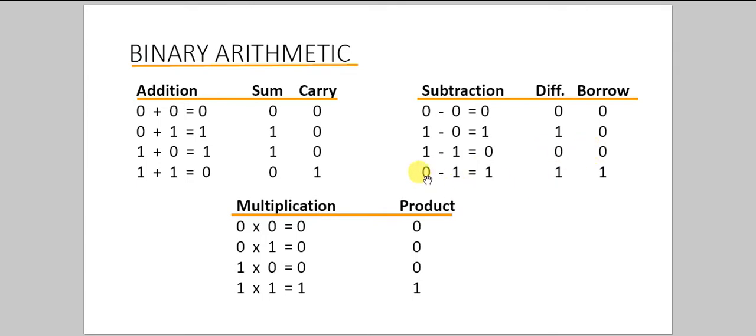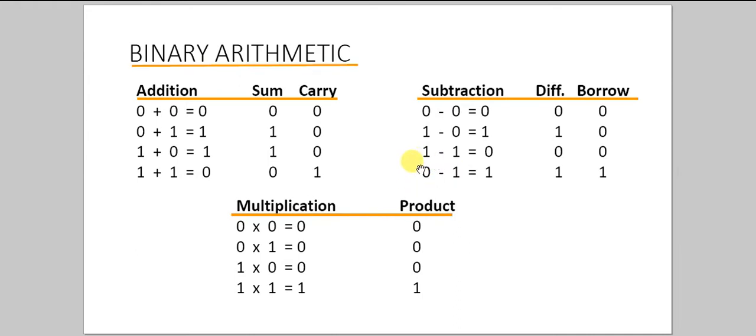Now 0 minus 1: the difference is 1 and the borrow is 1. This is like the 0 minus 9 case in decimal, where we have a smaller number, so we take one borrow.